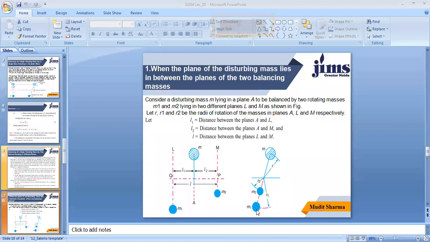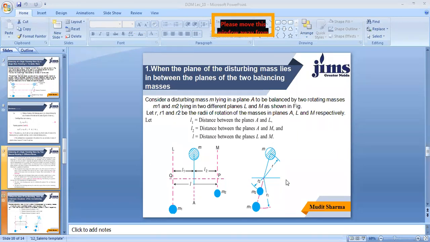For mass m1, the centrifugal force is m1 r1 omega square. For mass m2, it is m2 r2 omega square.